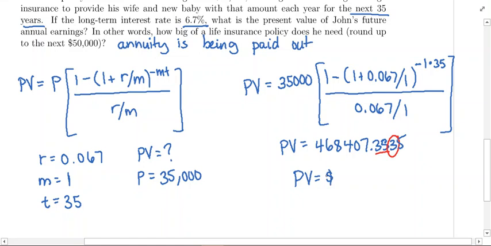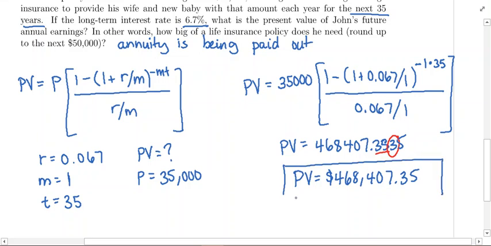So this is the exact amount of life insurance that John is going to need, $468,407.35. I don't know if you've ever had to buy life insurance. We're hopefully all young here.